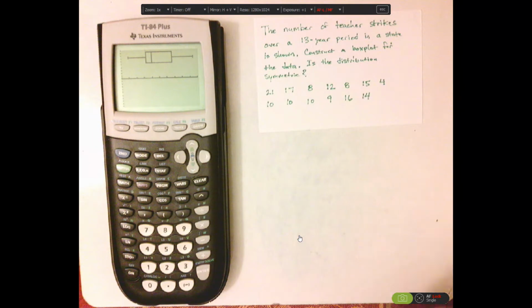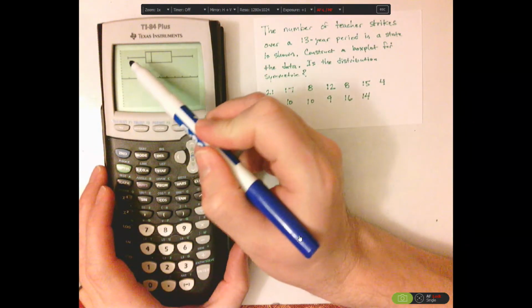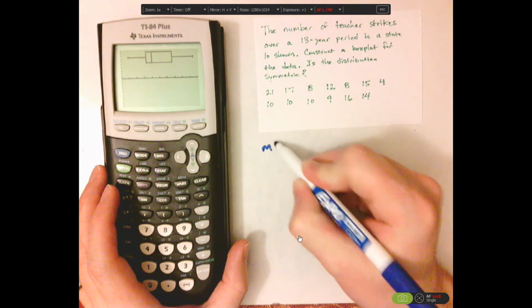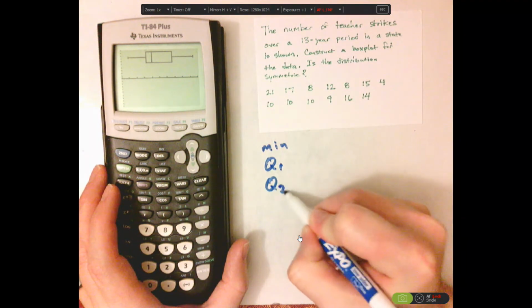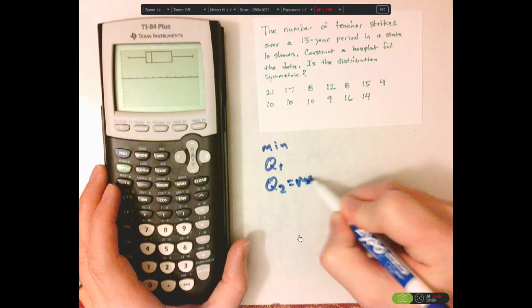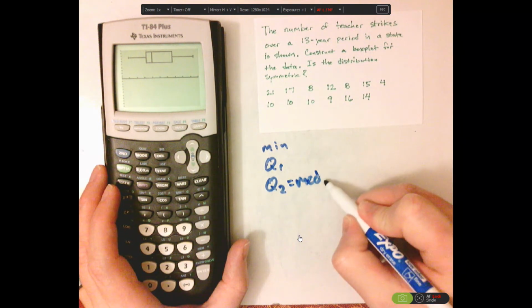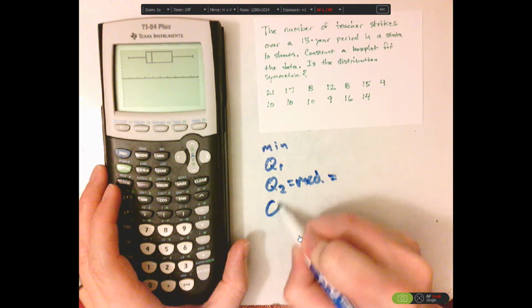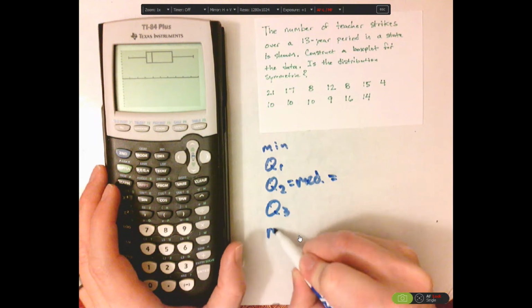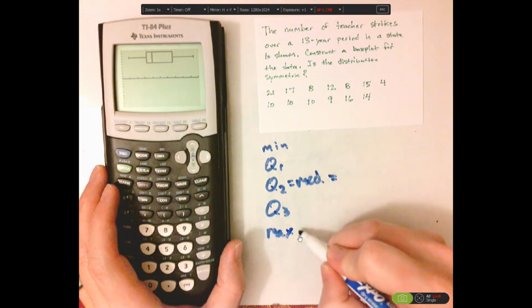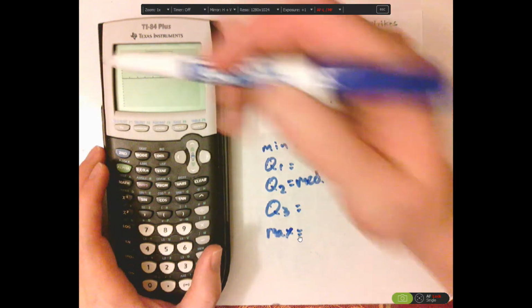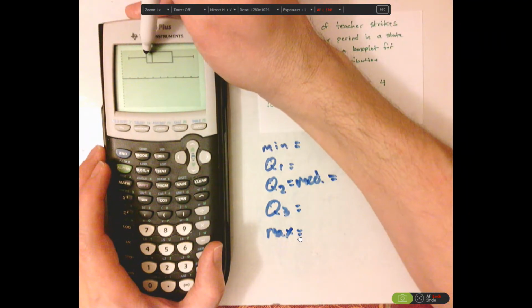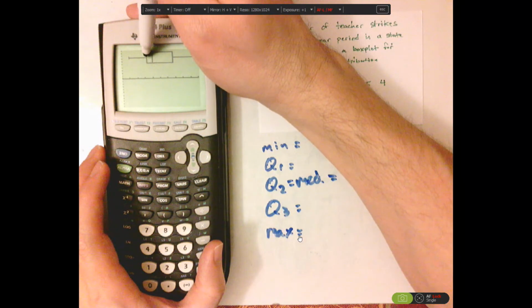And just recall with a box plot, it gives you the min, the first quartile, the second quartile, which is the same as the median. It gives you the third quartile and the max. And from the min to that first line is your first quartile.